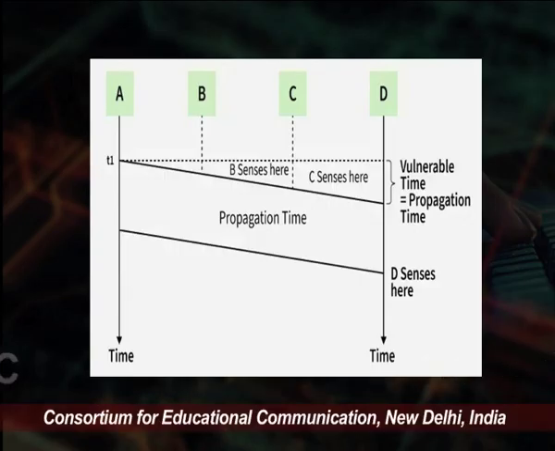So here that's why we have shown that vulnerable time is equal to propagation time, and then D may sense after completion of one particular transmission. That also can happen. So this is the depiction of vulnerable time in case of this protocol.